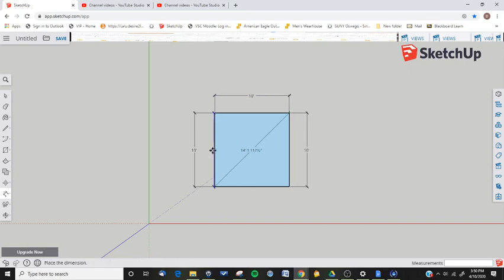Alright, so I ended up with a couple extra dimensions, but we can get rid of those. Because technically, if this is the same here, and we know that these corners are all 90 degrees, it would be what we would call over-dimensioned, like what I just had. So I got rid of those extra dimensions, and I measured from this corner to this corner. Technically, again, this might be a little bit extra information, but you could use this to find and verify that if you were to build this, that it is square. That's just an aside.